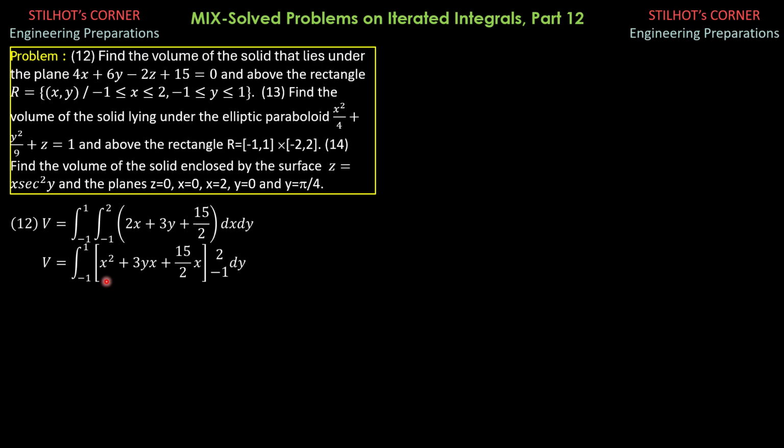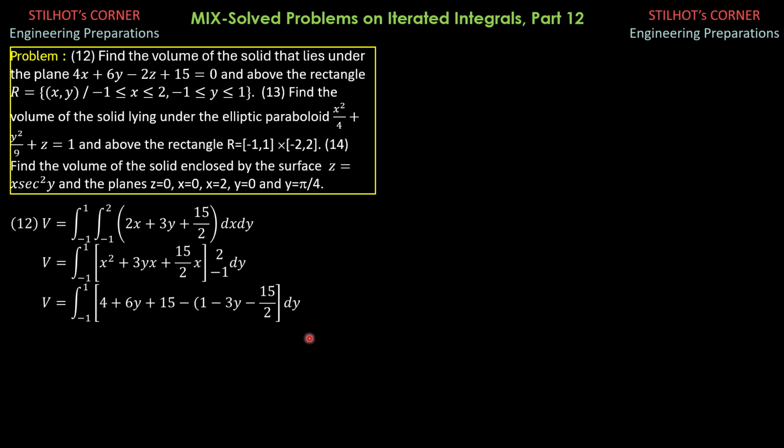So this becomes volume equals the integral of the quantity 2 squared, which is 4, plus 3 times 2y is 6y, then plus 15. Then minus the lower limits, negative 1: that would be negative 1 squared, so minus 1, then plus 3y times negative 1, so minus 3y, then plus 15 halves of negative 1, negative 15 halves.